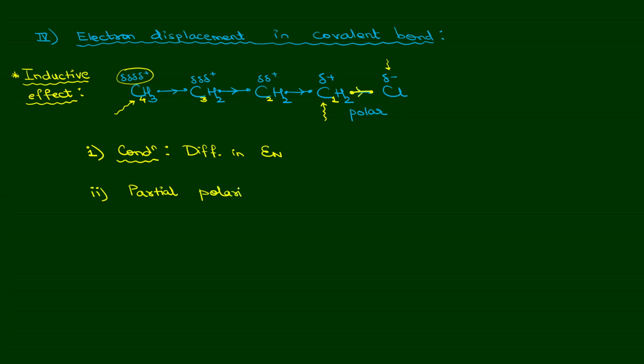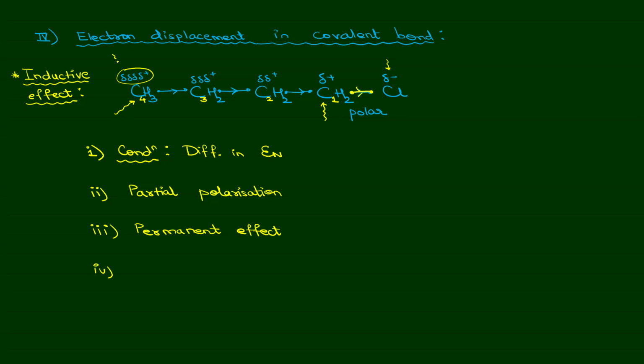So partial polarization between the atoms would take place, and this effect is going to remain permanent. Why? Because in HCl also, the polarity that develops due to the electronegativity difference is going to be permanent. So it's a permanent but partial polarization.